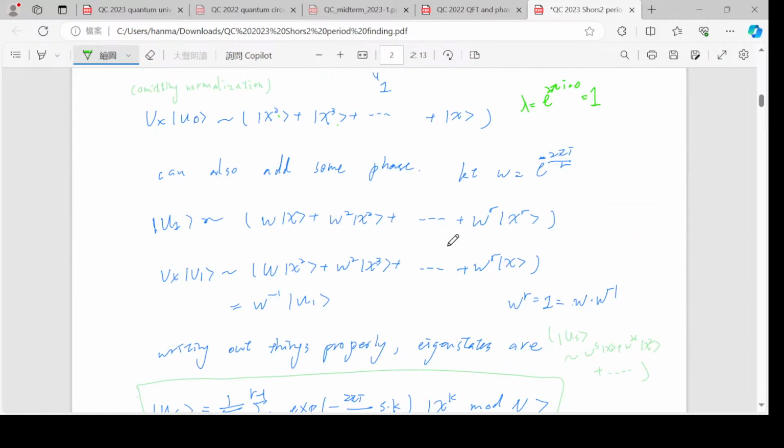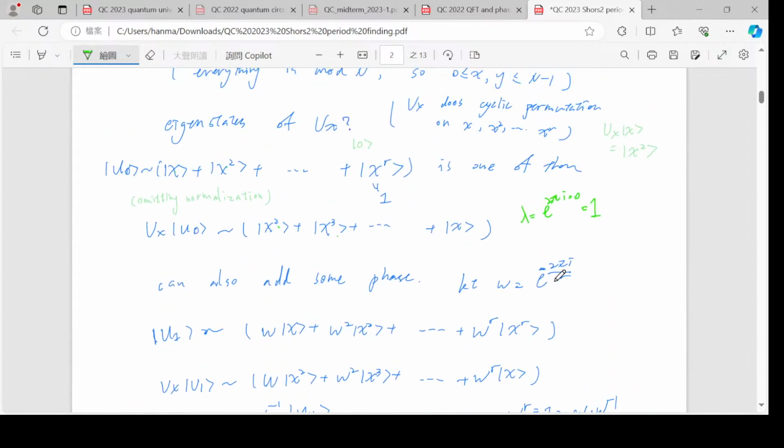But in more general terms, we have some omega equal to e to the 2 pi i divided by r. Here, for ease of notation, let's assume this omega has a minus factor. So we have funny notation here: omega is, if we compare to the previous slide, omega_r to the minus 1.